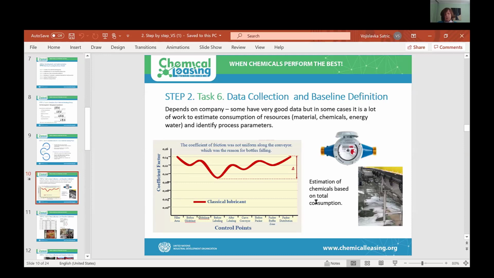They were not so convinced by the solution of the supplier, so they installed water meters on their line. We started with one line, that is important to tell you. They also wanted to know about the coefficient of friction, so they measured the coefficient of friction, and they measured chemical consumption, estimate and measure together. In this case, it takes, I don't remember very well, about 3 months.